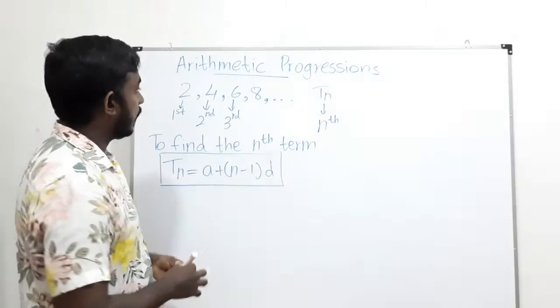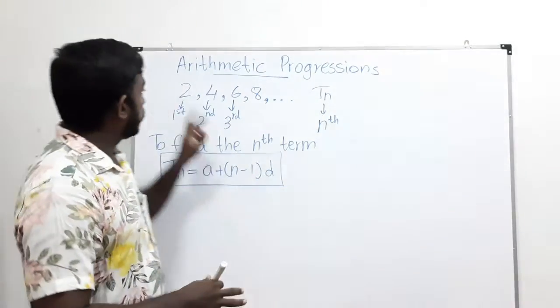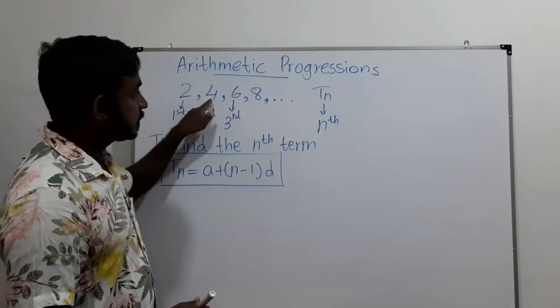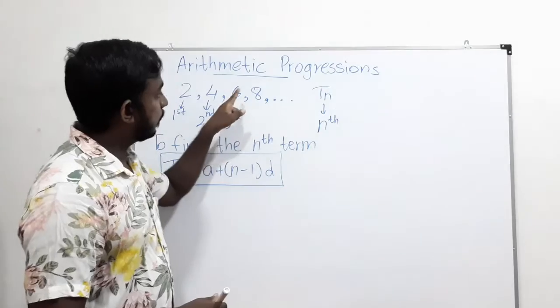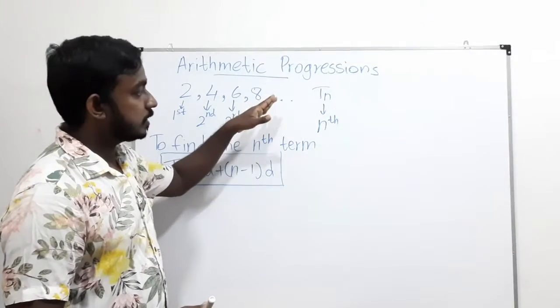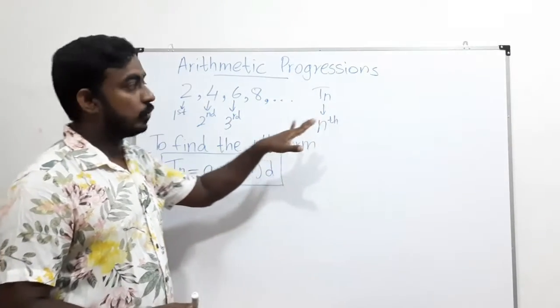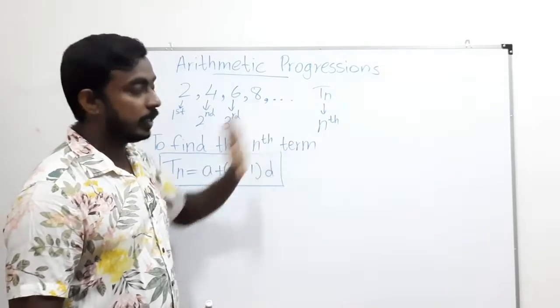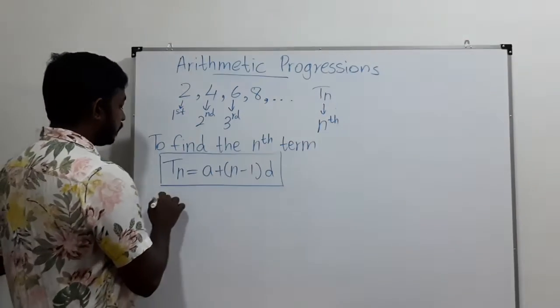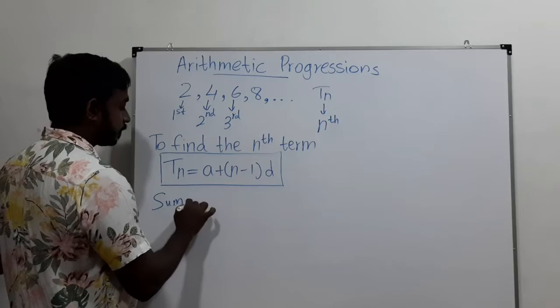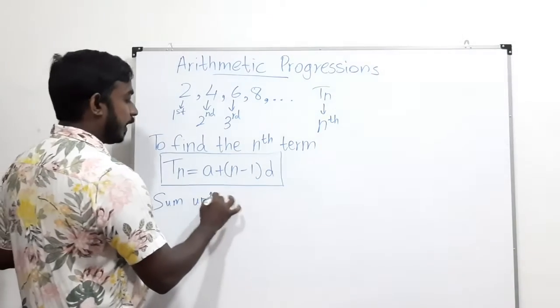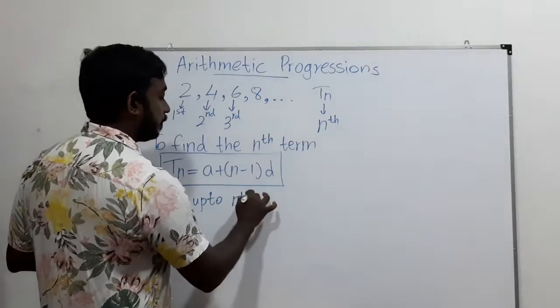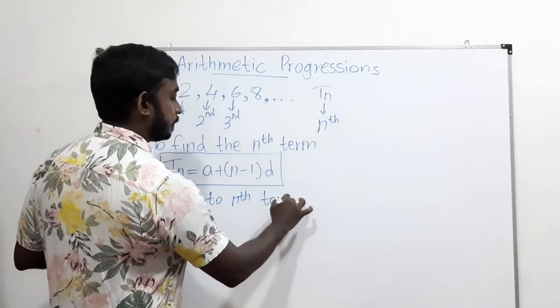Imagine if we want to add all these terms: 2 plus 4, 6, 6 plus 4, 12, 12 plus 8, 20. Likewise, if you want to add all these terms up to the nth term, then we would say sum up to the nth term.